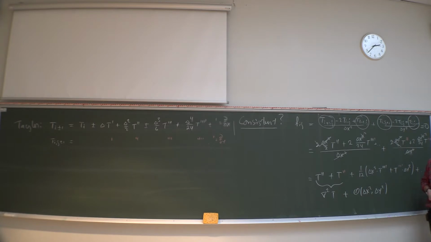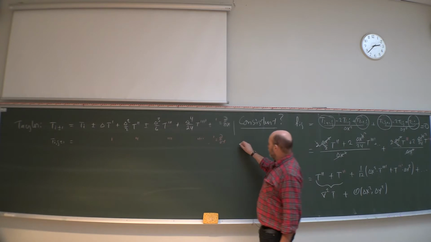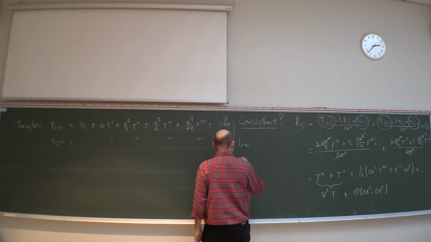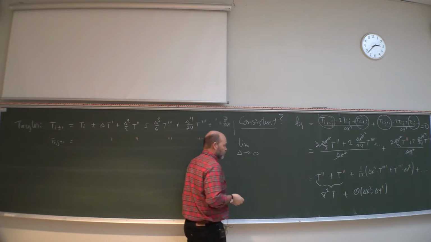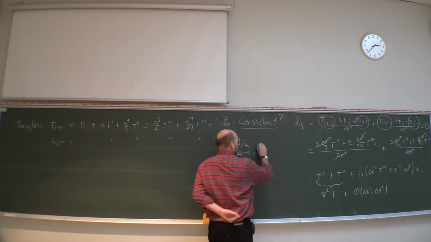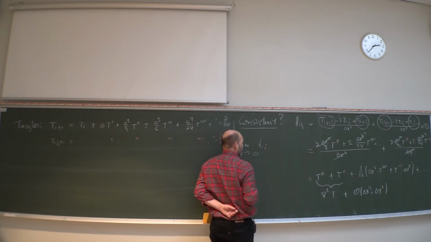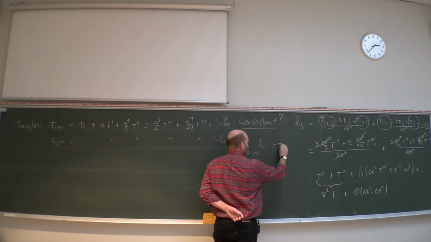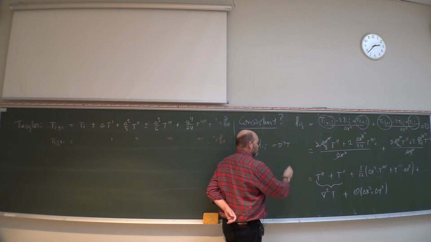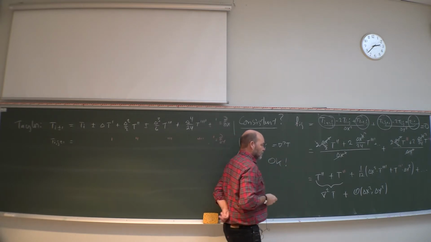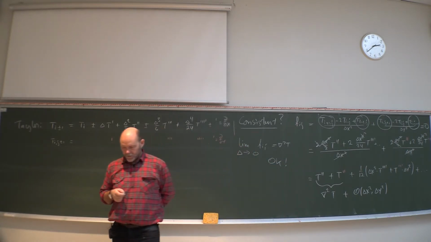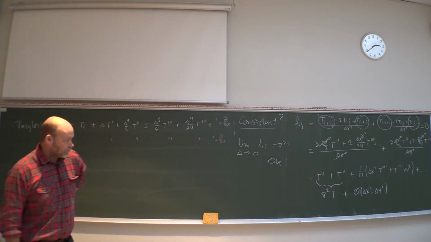So here I can say, yes, it is consistent. When you take the limit and let delta x and delta y go to 0 of my discrete equation, I will get back the original equation system. So yes, it is consistent, and yes, it is second order accurate.